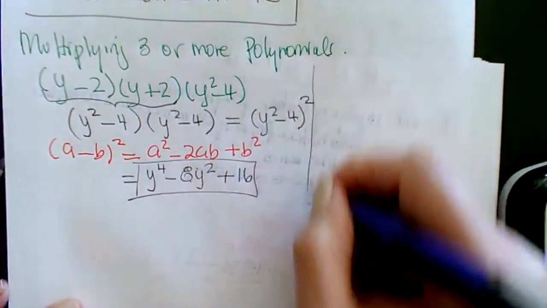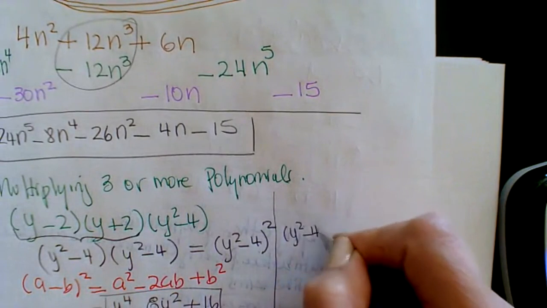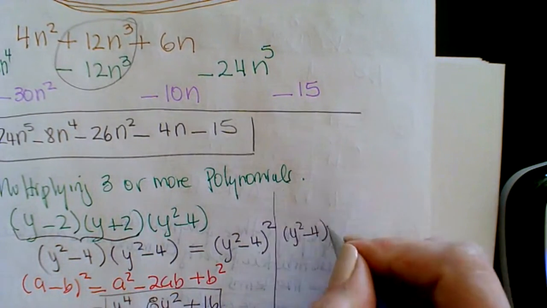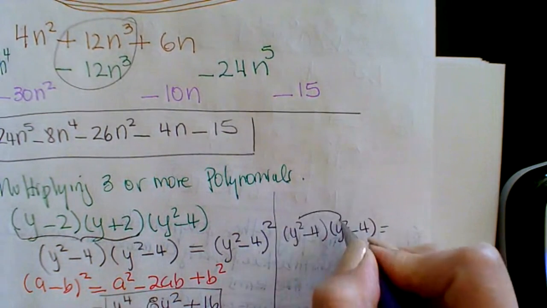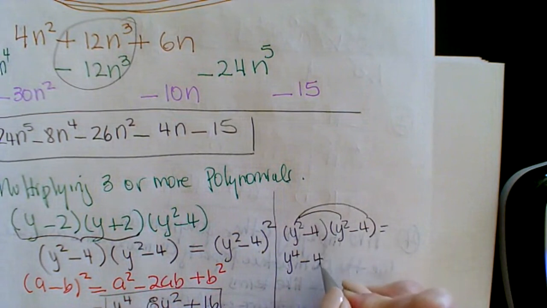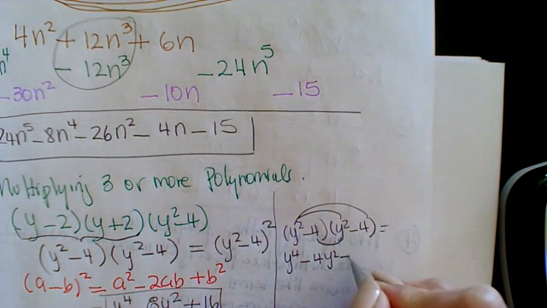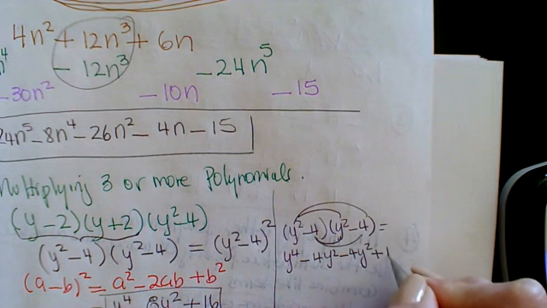Or let's try it. Y to the second minus 4 times y to the second minus 4. So we do y to the fourth, negative 4y, negative 4y squared, and plus 16.